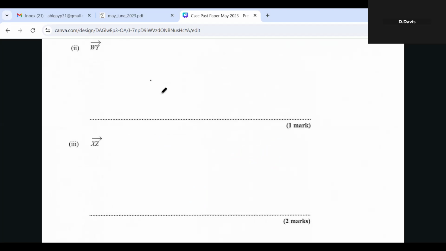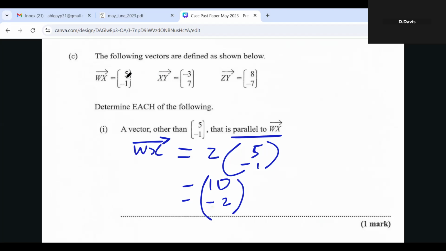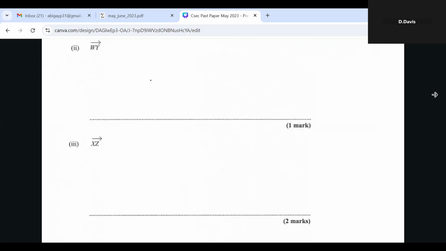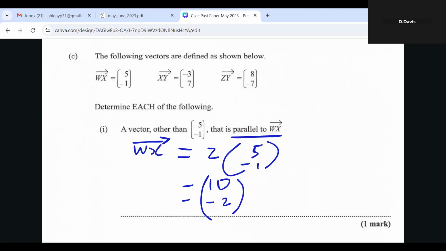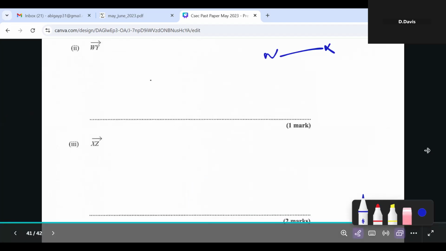So this says WY. All right, we're going back. And probably we can make a shape right here. So we know W to X that we got is 10, -2.